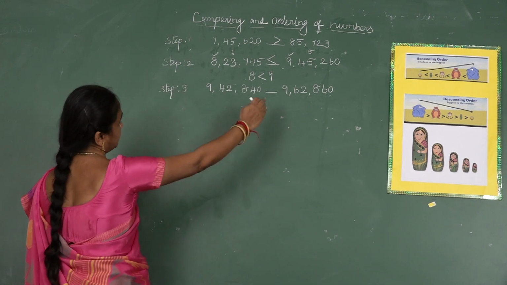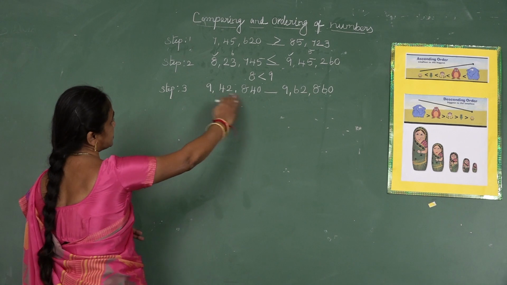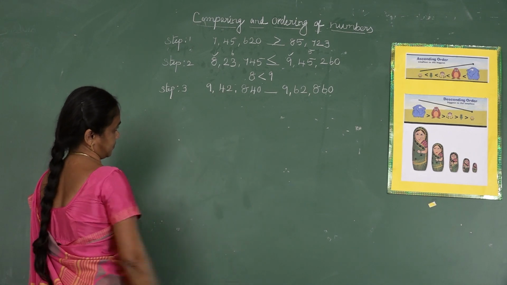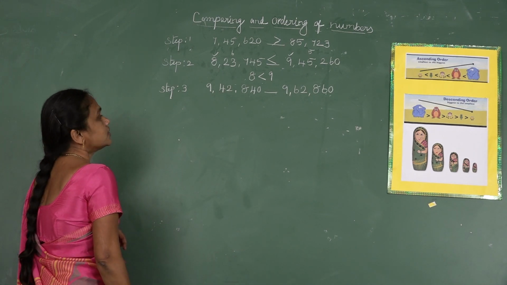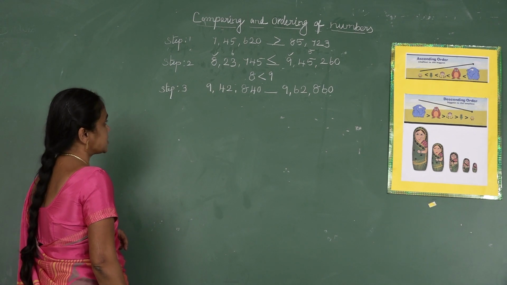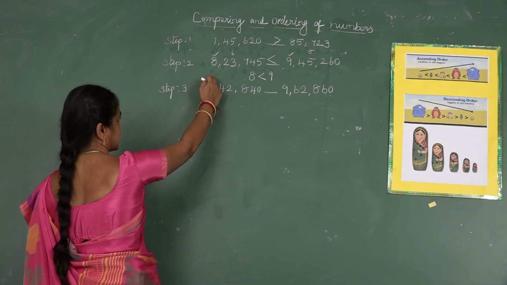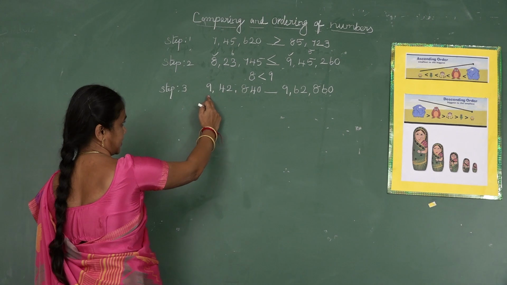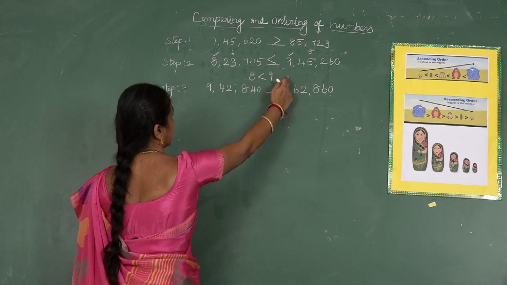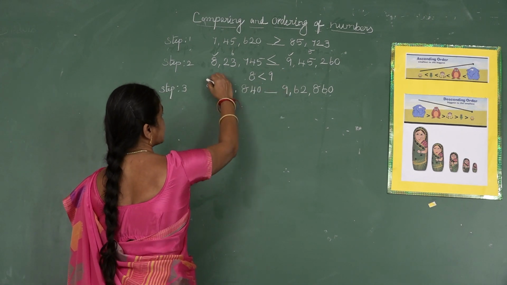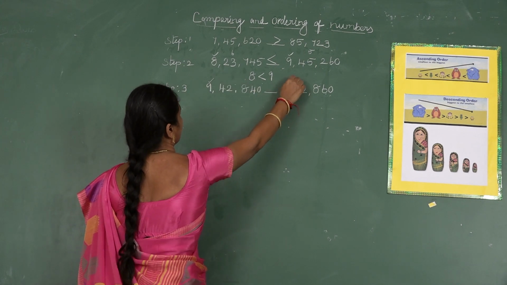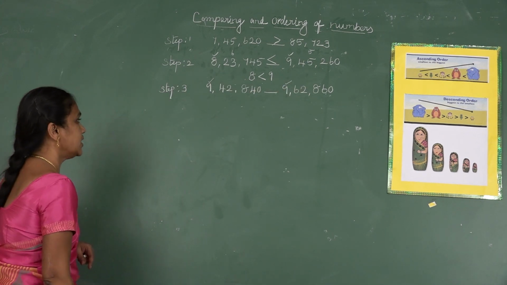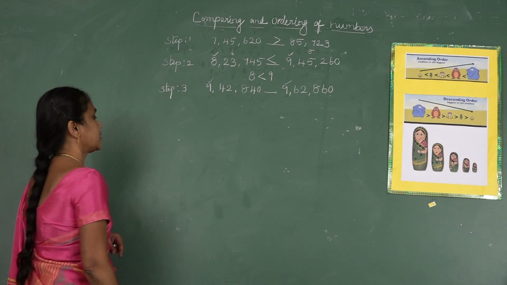Look at these two numbers. These two numbers are 6-digit numbers. Compare the lakhs digit. In lakhs place, here 9. In lakhs place, here 9. The lakhs digits are also equal. So we compare 10,000 digits.